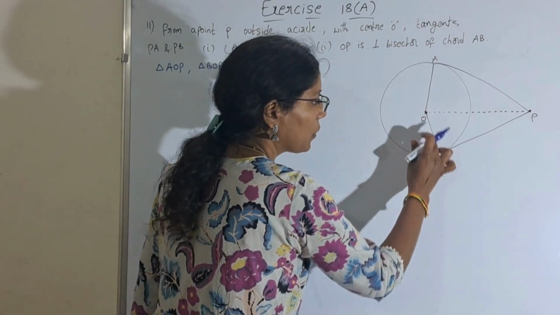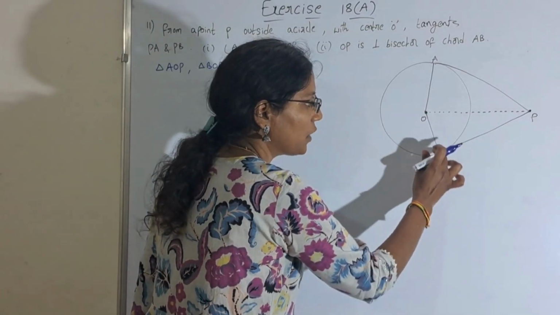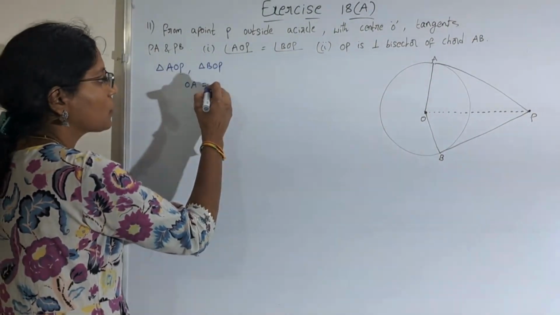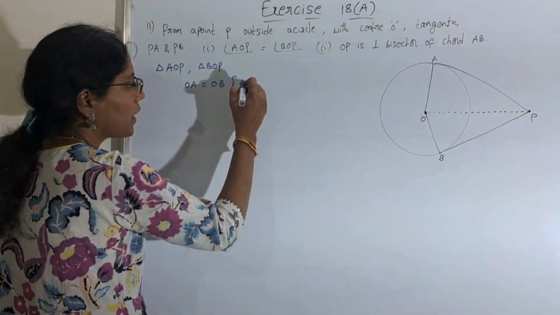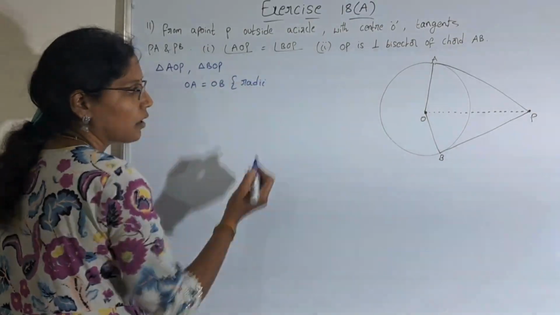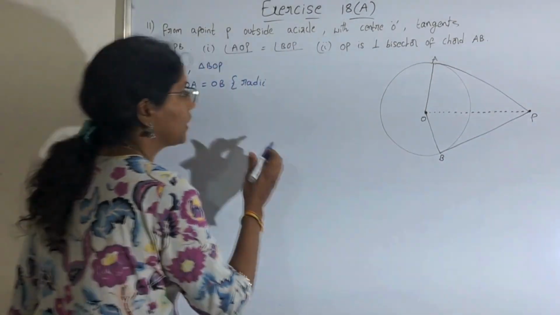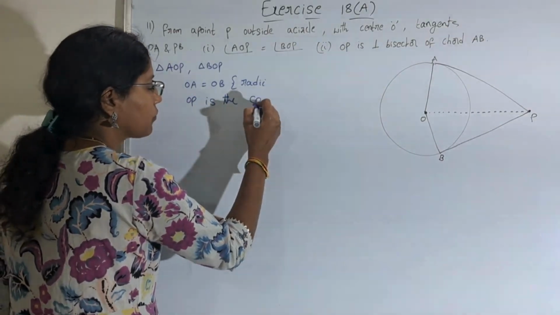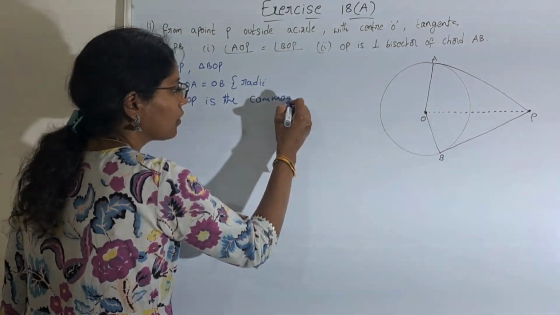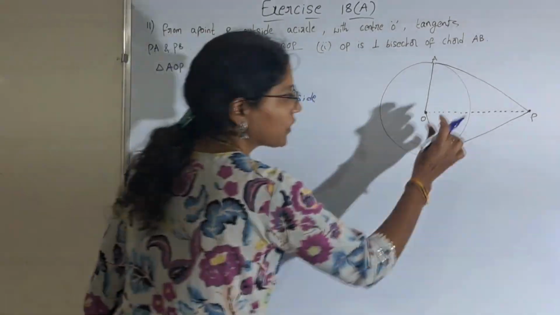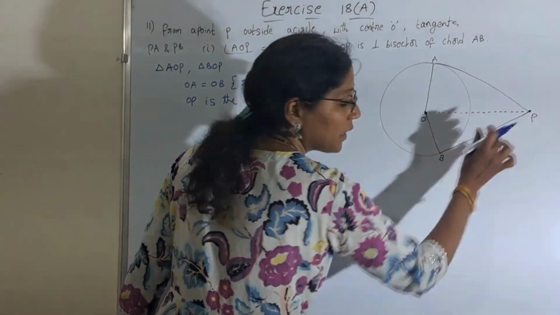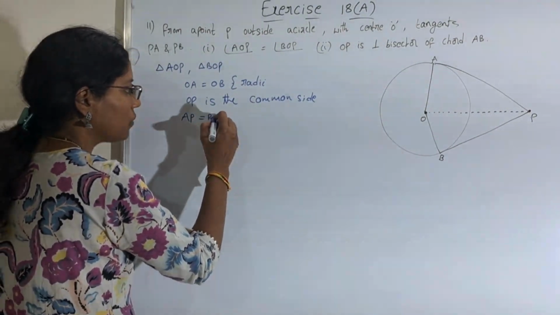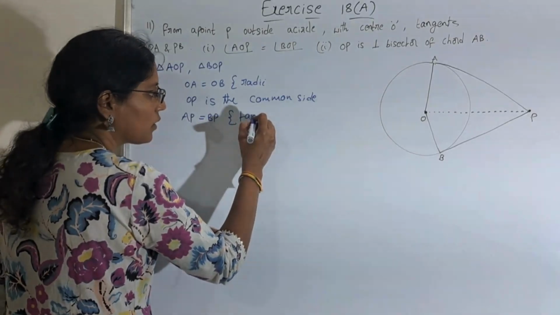First, OA and OB both are radius. Both are equal. OA is equal to OB, radius. OP is the common side. Next, here AP and BP are tangents. Both are equal. AP is equal to BP, tangents.